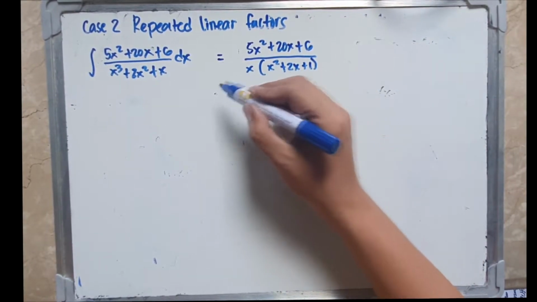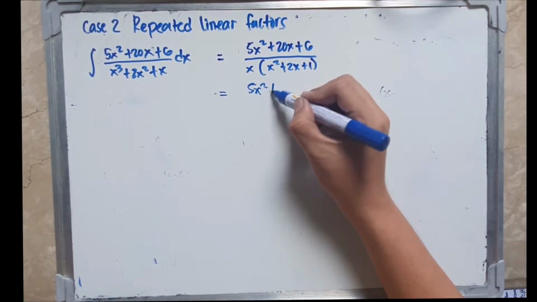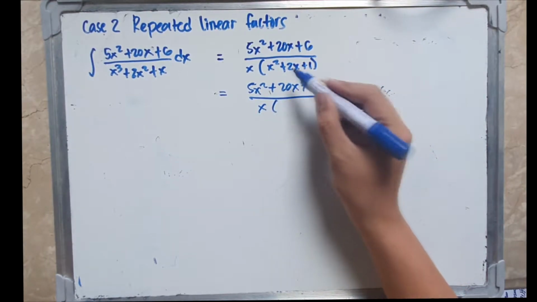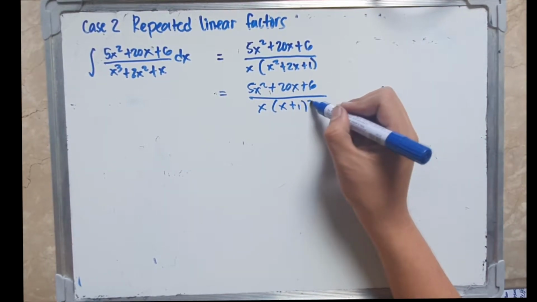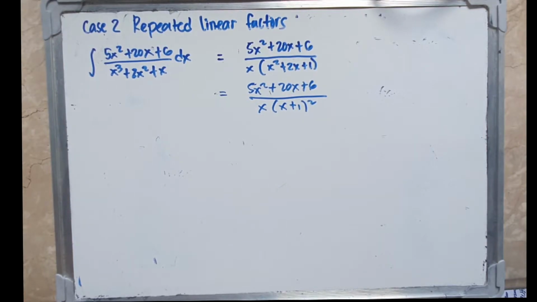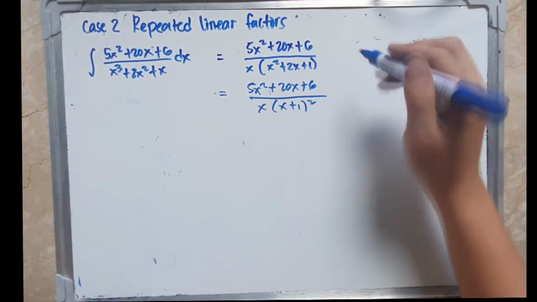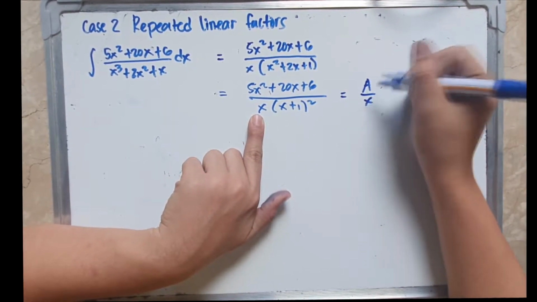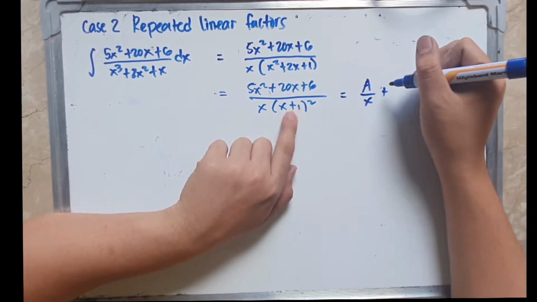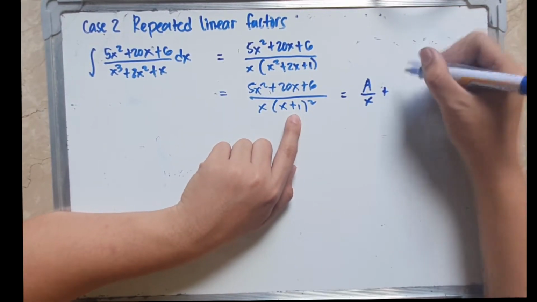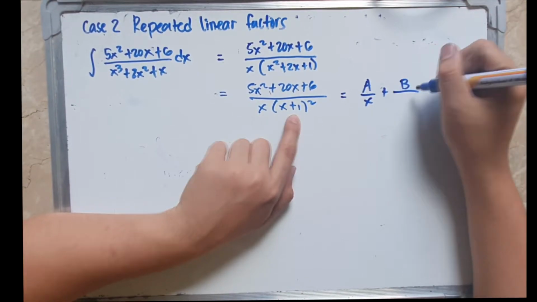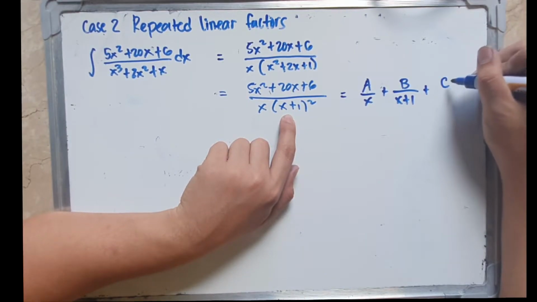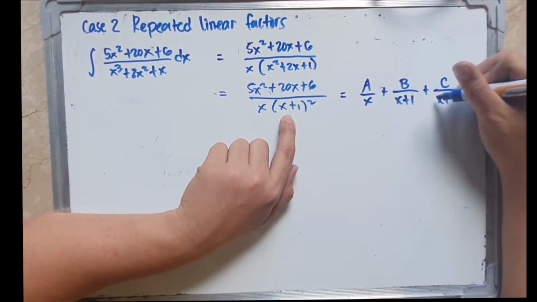Notice we could factor our denominator again: x times x plus 1 squared. Okay, so this has an equivalent value with a over x. We have a repeated linear factor, so we'll write first b over x plus 1, and then the repeated one, c over x plus 1 squared.